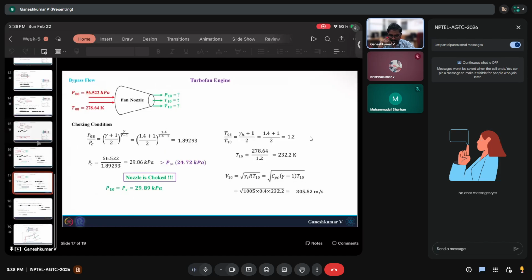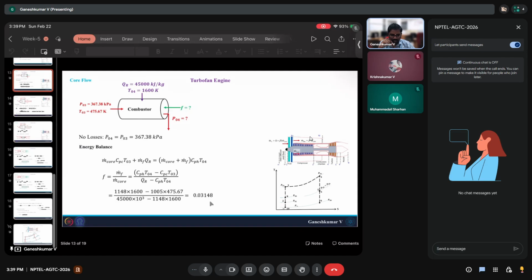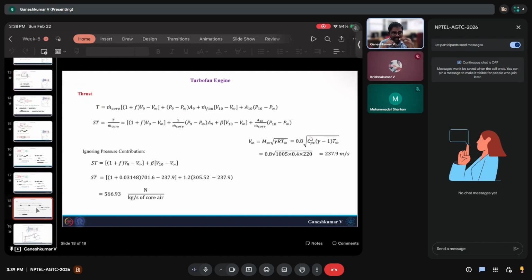The fuel to air ratio is 0.03148. Although the fuel to air ratio is a ratio and does not have a unit, here it is kilogram of fuel per kilogram of core air, or to be specific, kilogram per second of fuel divided by kilogram per second of core air. Not the entire intake air. So that is the change in the definitions.